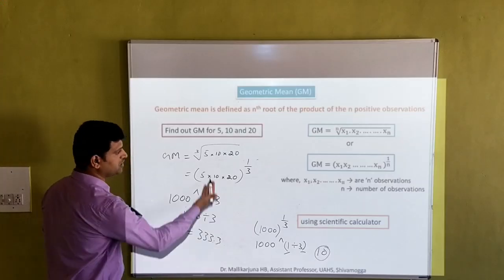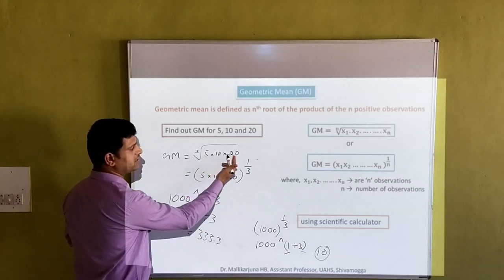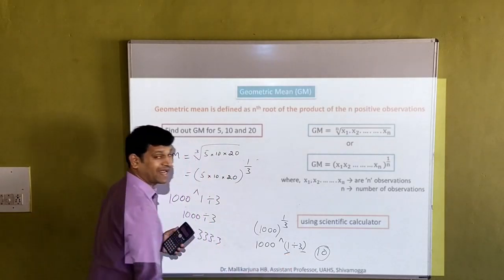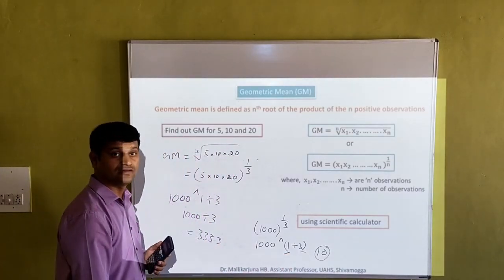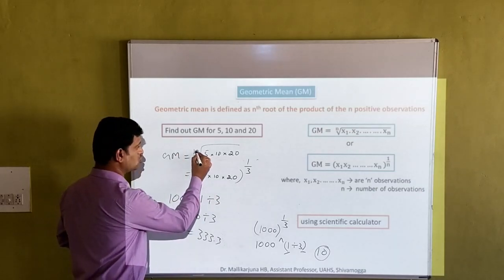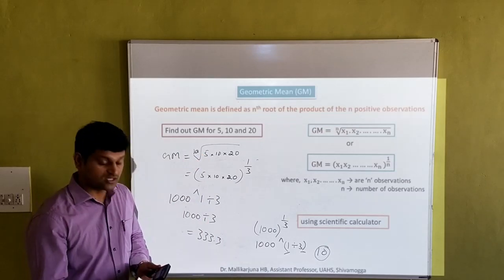That average should be in the range of the observations, between 5, 10 and 20 only. That's why you should use brackets in a scientific calculator. Sometimes with 10 observations, a cube root is not enough, so a scientific calculator is better.